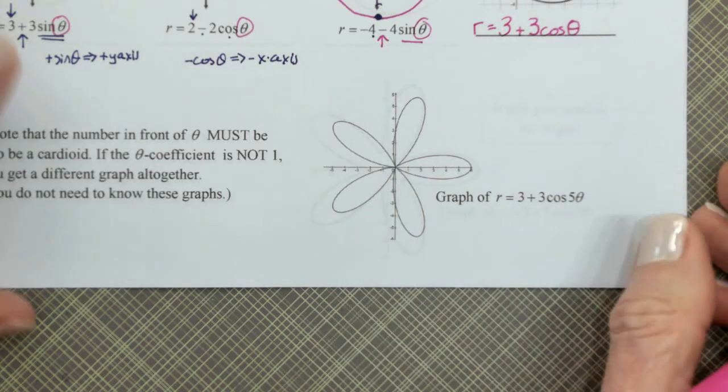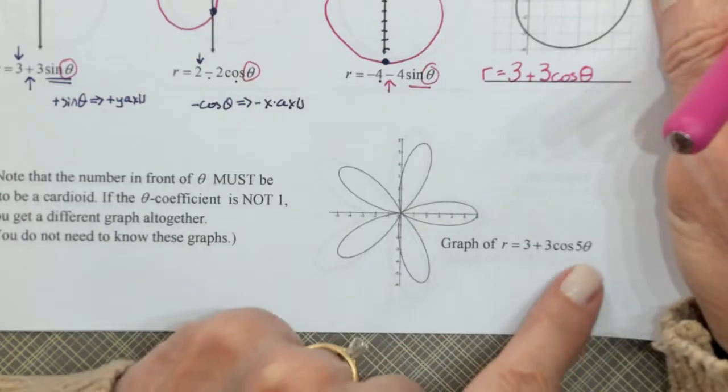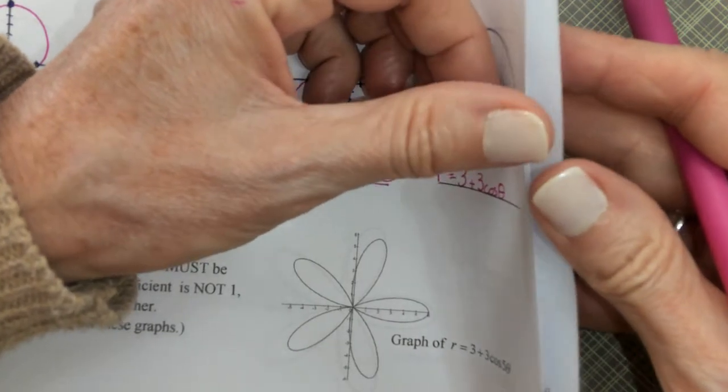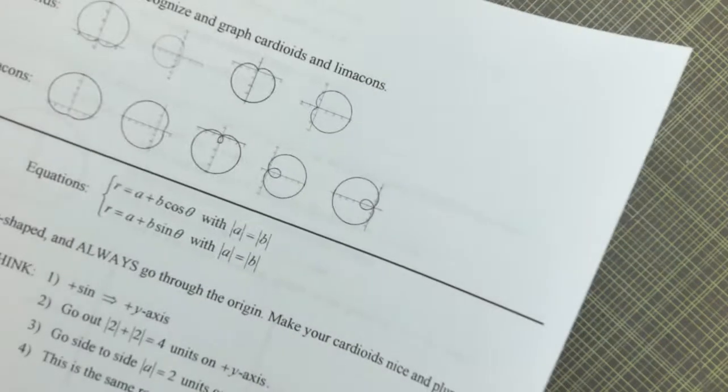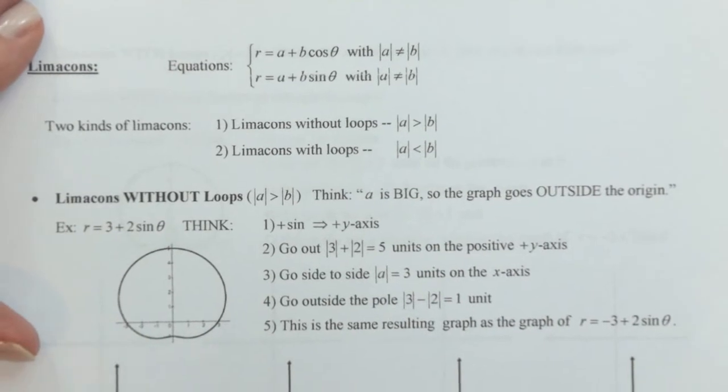Okay? You do not need to know those graphs. I'm just saying what happens if it's not. You can play on your calculator with these. They do really make some amazing graphs. I love just fiddling on my calculator, making some graphs. Okay? All right, so those are the cardioids.